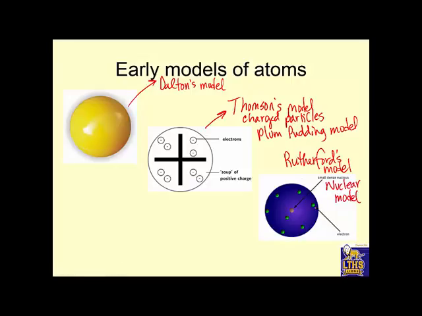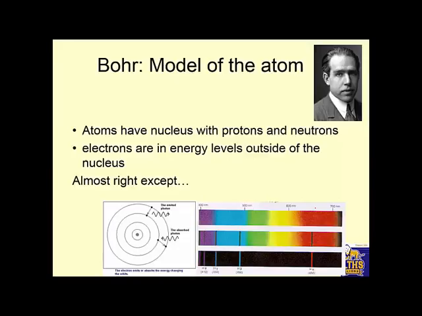With all the progression of atomic theory, we get to the Bohr model of the atom, which still has a nucleus with protons and neutrons in it, and then electrons, Bohr thought, were in energy levels orbiting outside the nucleus. It's almost right. There are protons and neutrons in the nucleus and electrons outside the nucleus, except no orbits.